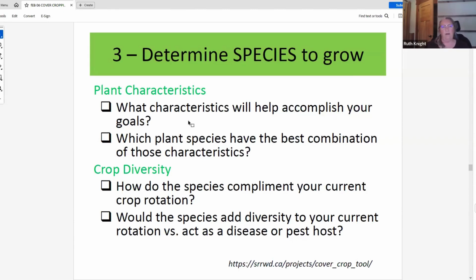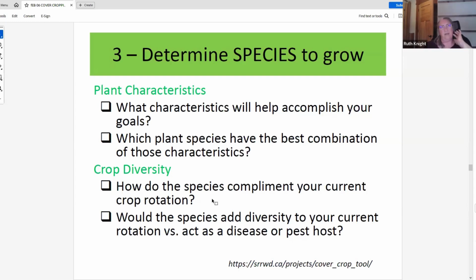So be aware of those plant characteristics. It's also important to recognize if they're annual, biennial, or perennial, and I'll talk about that when we come to the chart.